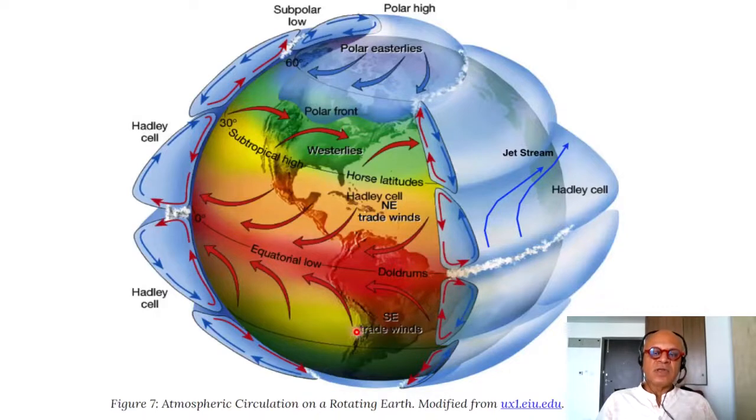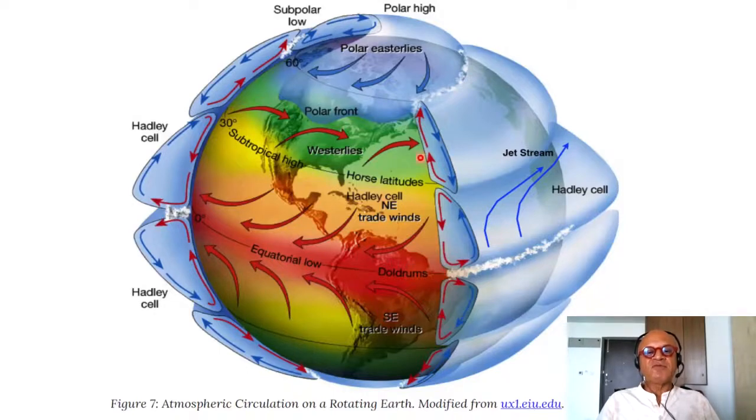From the south, air again wants to go from higher pressure towards lower pressure, but you end up with a tilt to the left, so you have southeast trades. These are called doldrums because when the air comes together in the middle, the wind goes to zero, so they are weak winds for sailors. If you want to sail, no wind is not a good situation, so those are called doldrums.